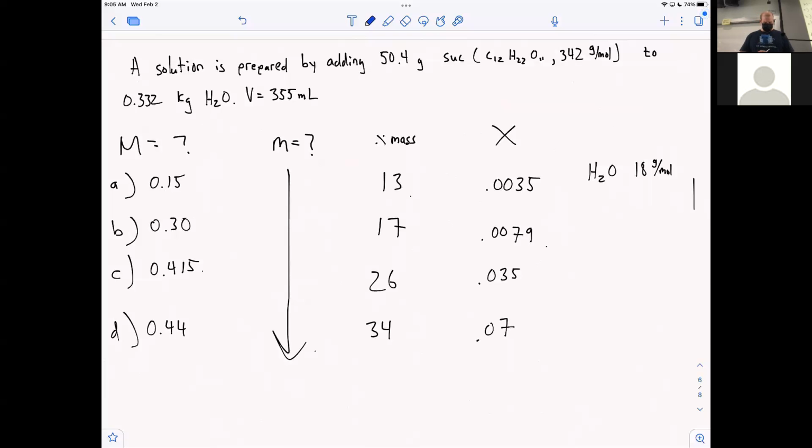I'll give you guys some hints. Sucrose is 342 grams per mole, but I'll go ahead and do 50.4. This is going to be 0.15 moles of sucrose, 0.147.